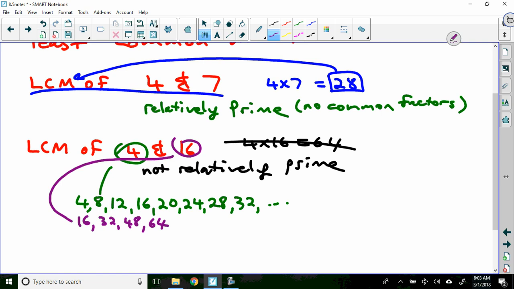What is it? It's 16. So in this particular case, 16 is the LCM.